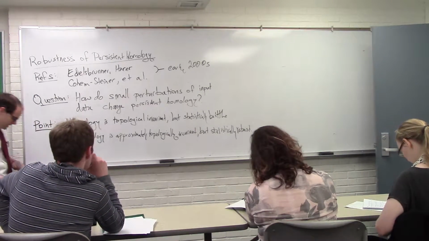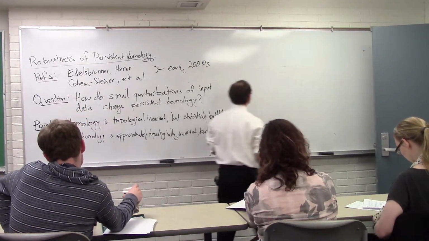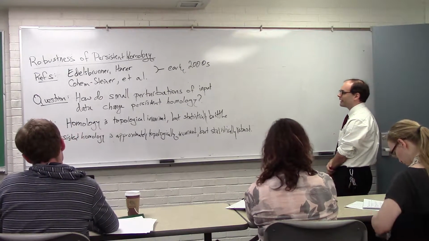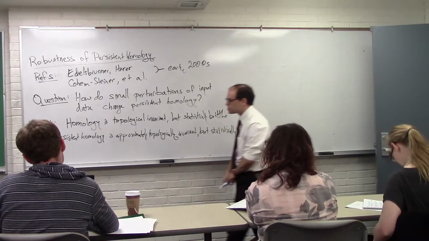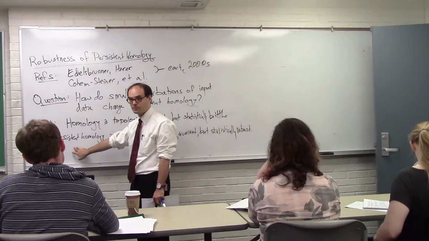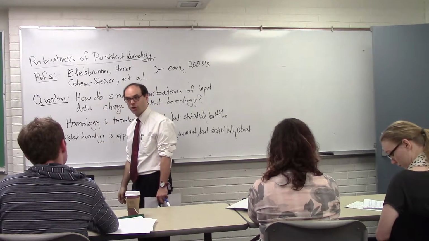Okay, so what do I mean? Well, first of all, if it's approximately topologically invariant, I need to give you a way to measure the difference between different computations of persistent homology. I need to give you a metric on barcodes.